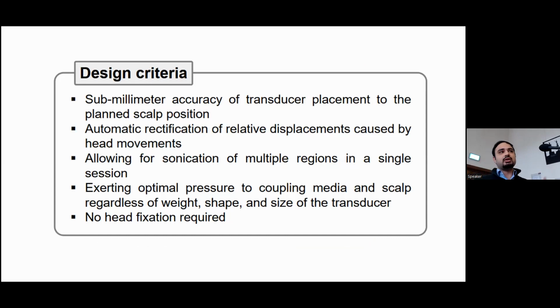It shouldn't apply a lot of pressure to the coupling media. And we have a variety of sizes, shapes and weights of transcranial ultrasound transducers, so it should be able to hold all of them.